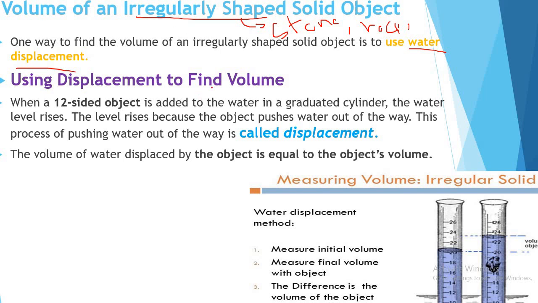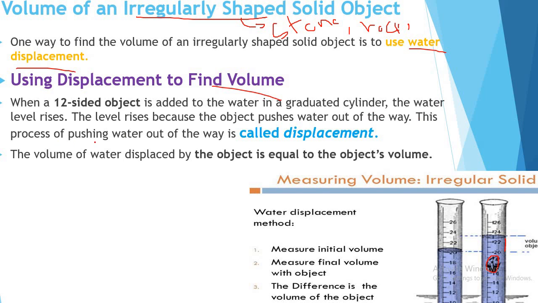Using displacement to find volume. When an irregular shaped object is added to the water, what happens? The water rises up. The level rises because the object pushed water out of the way.